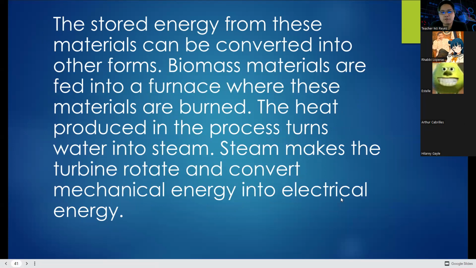Biomass materials are fed into a furnace, where they are burned. The heat produced turns water into steam, and the steam makes the turbine rotate and convert mechanical energy into electrical energy.